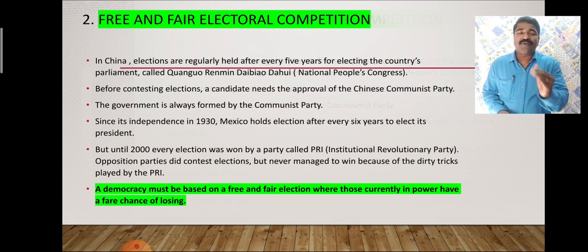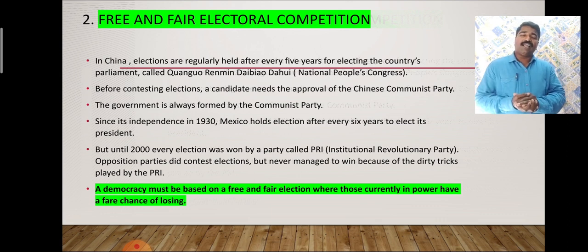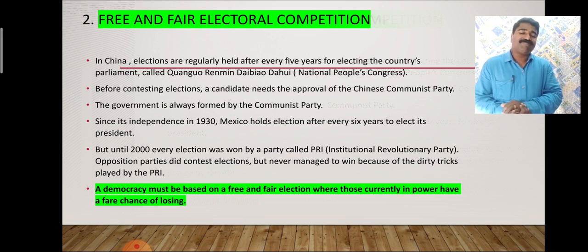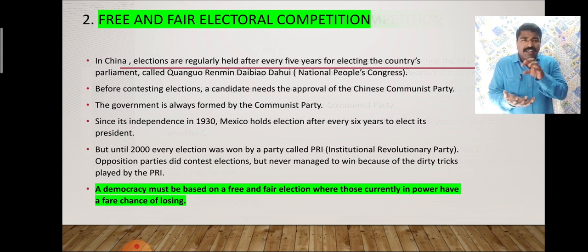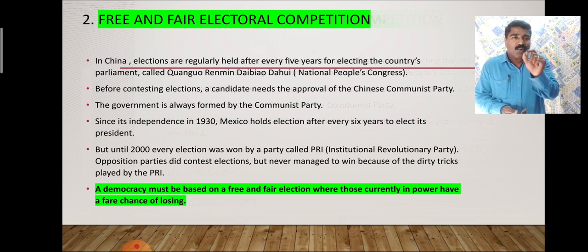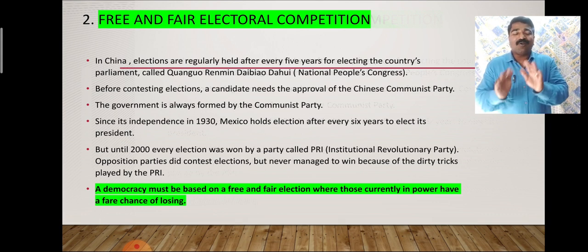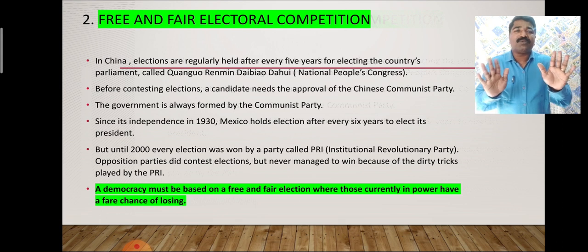Only the Chinese Communist Party. Why? If you want to be a candidate in the election, you need the approval of the Chinese Communist Party before contesting. Then the Communist Party always rules. There is no choice for the people.